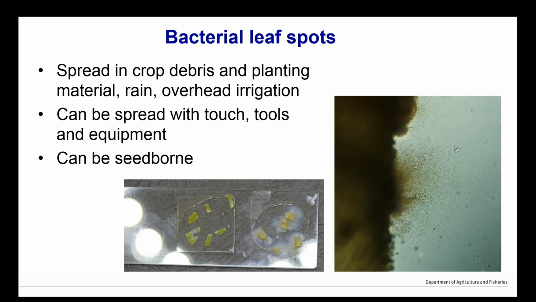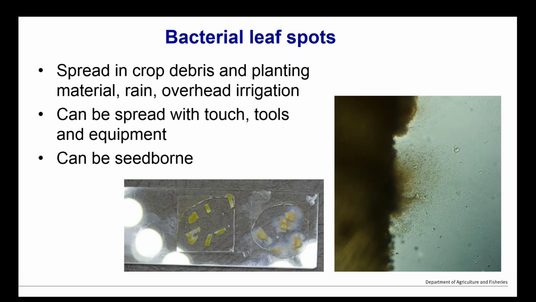Plants are the same way. If you touch that spot where there's bacteria present around the lesion, and then go and touch another plant that may have open stomata or hydathodes, you can potentially spread that pathogen.